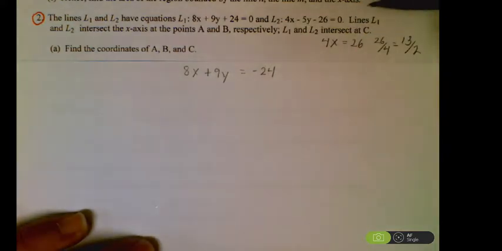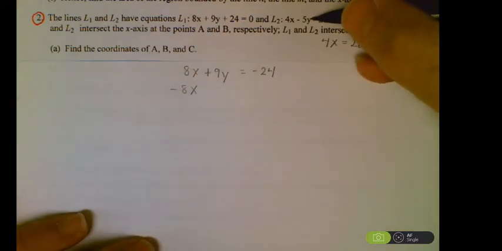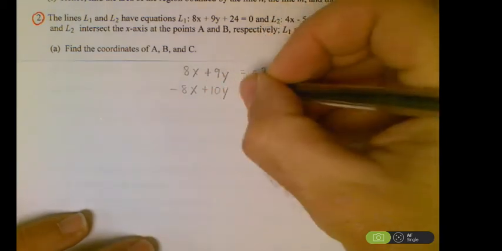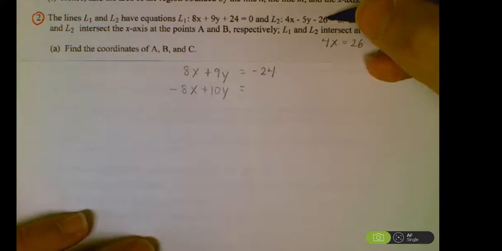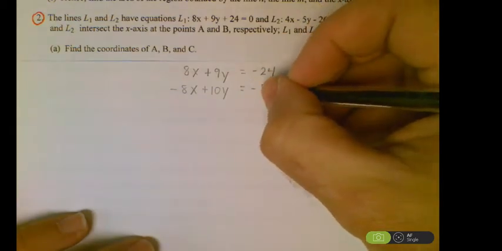I'm going to multiply line 2 by -2. So this would become -8x, this guy would become positive 10y, and this guy, multiplied by -2, becomes positive 52. I'm going to bring it over to the other side so it equals -52.